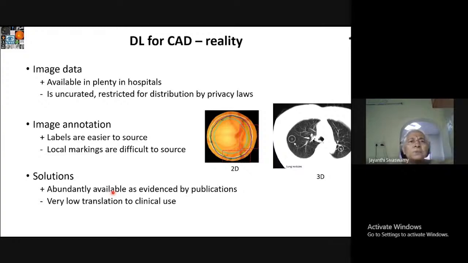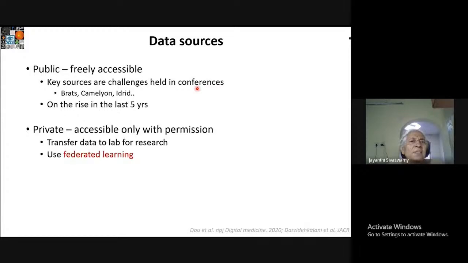That is because we have, once again, a limitation in how you train and so on and so forth. So when you look at the data source, currently at the college level and institutional level, academic institution level, we rely heavily on public data. So this is freely accessible. Most conferences run some challenge or the other.